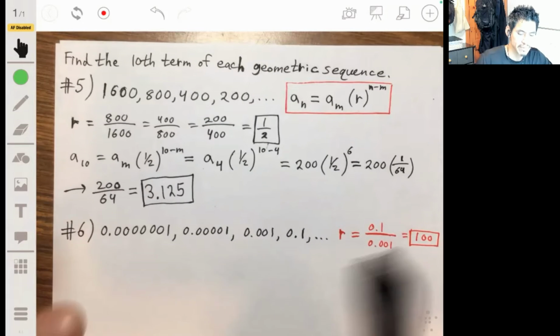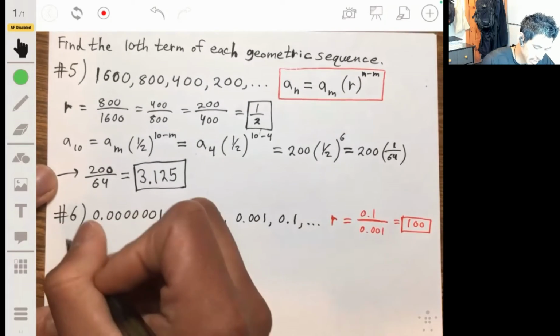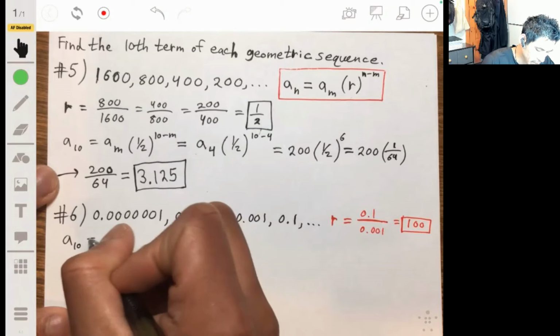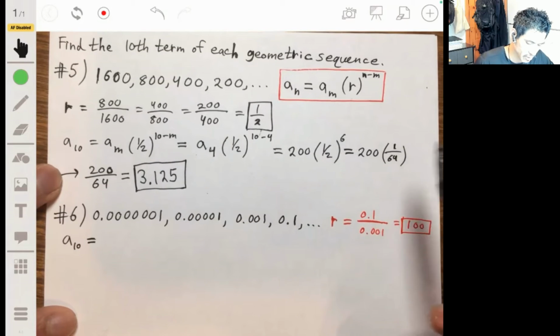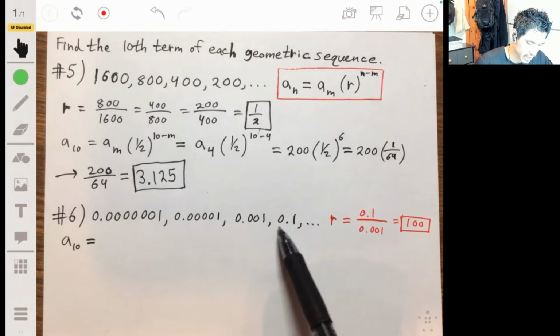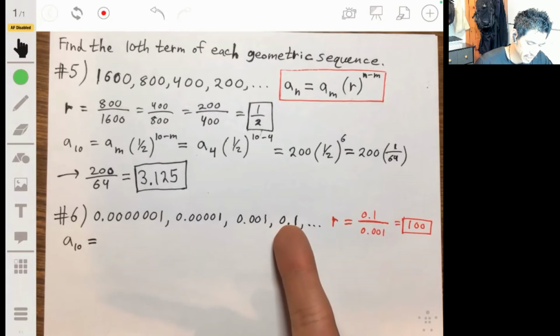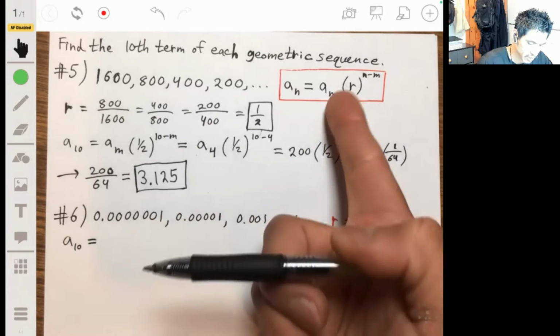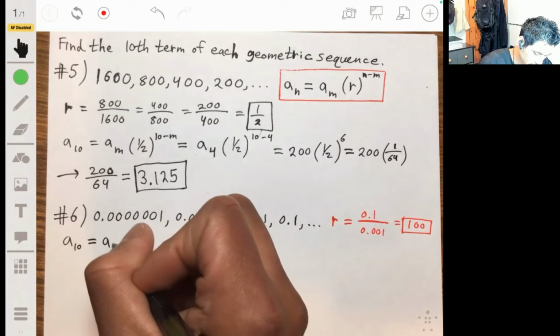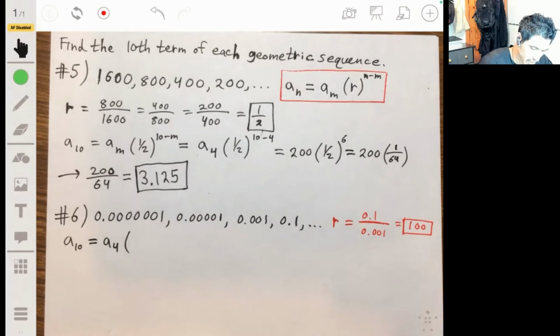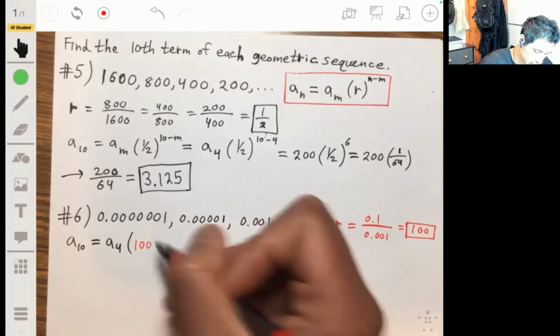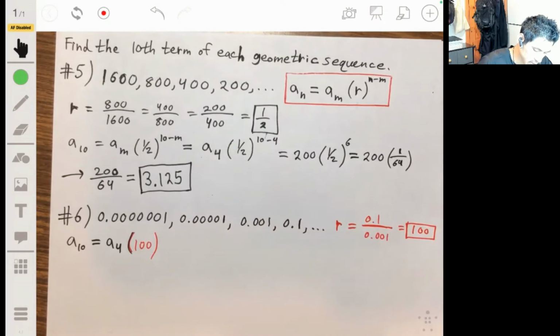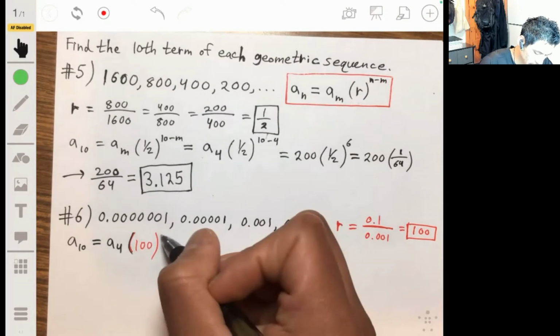And so we use our same equation for the 10th term. A10 will be, let's go with A4 again, because that's probably an easier number to work with. A4 for a_m times our common ratio, which is 100, to the 10 minus 4 power.